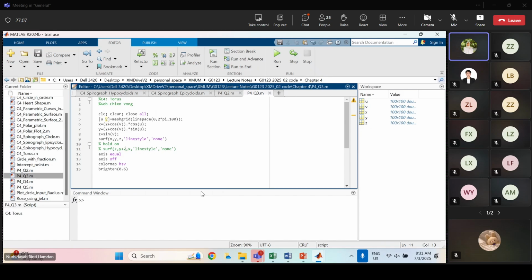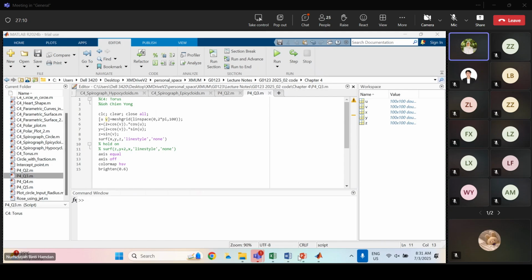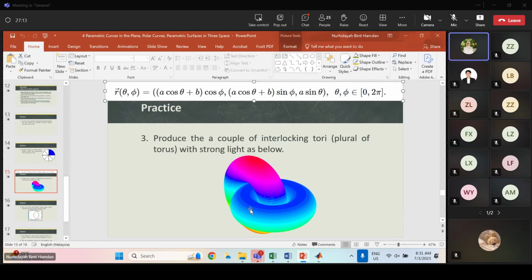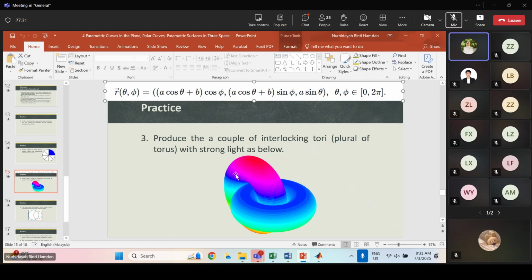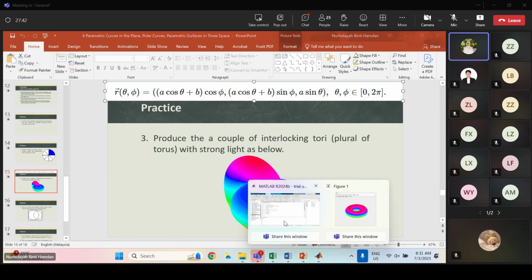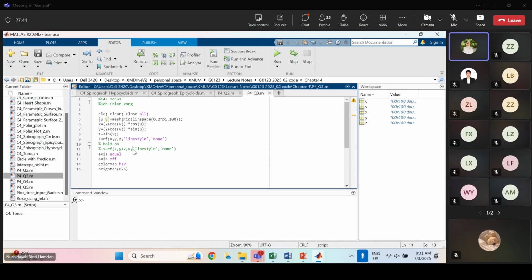We make it vertical. But this ring is slightly higher. The radius here is slightly bigger compared to this horizontal circle, so that it will look like interlocking. So we plus 2 to make sure the radius is bigger compared to the other ring. So y plus 2, x is the same.